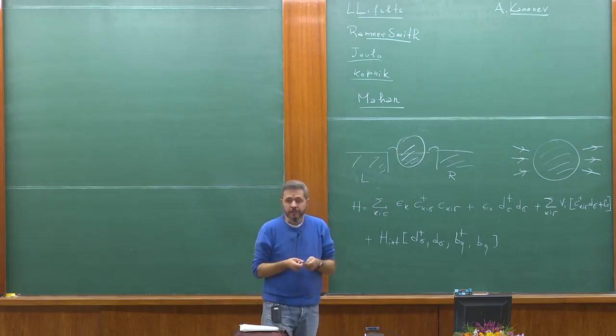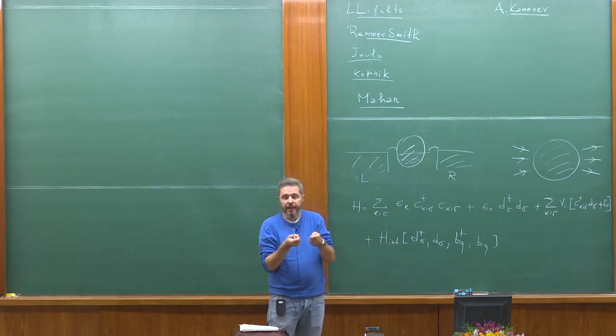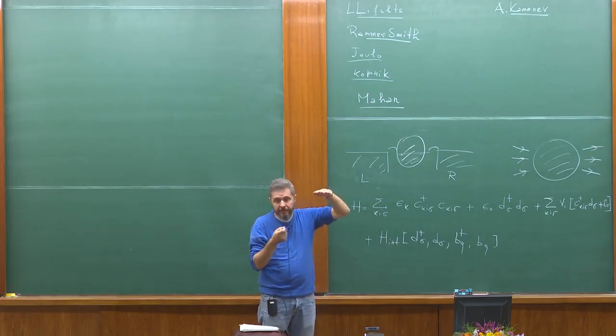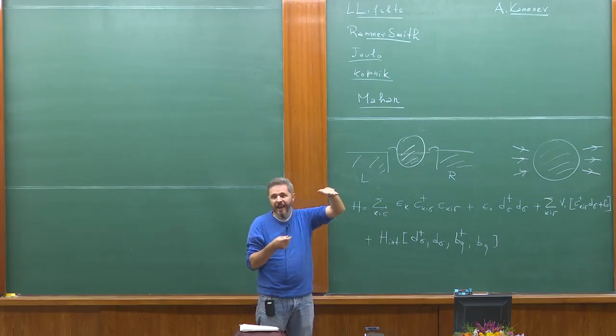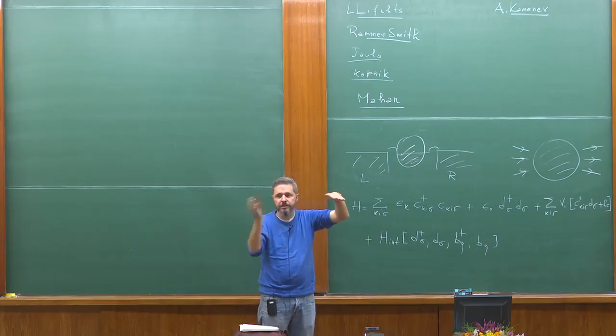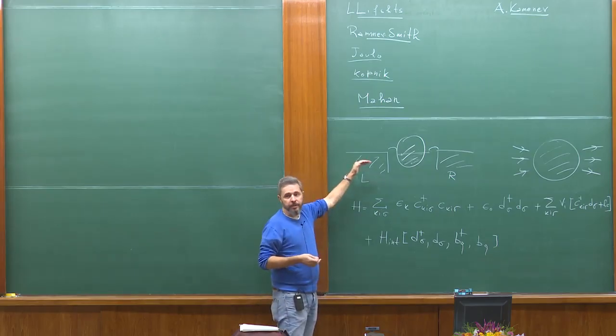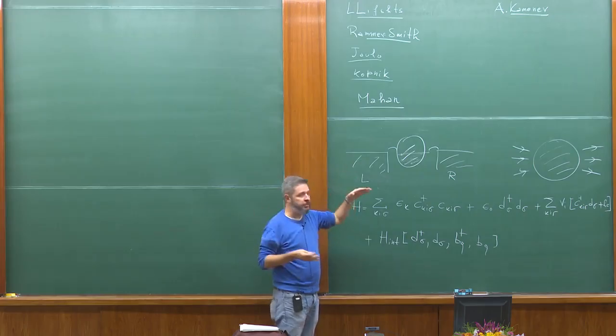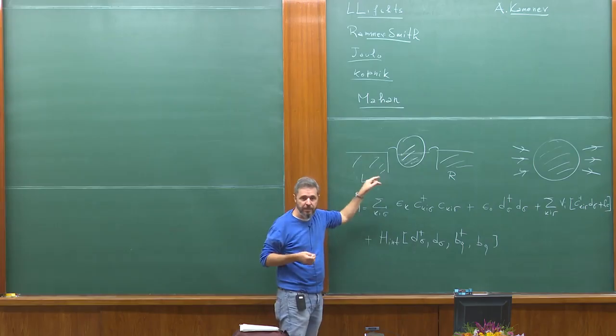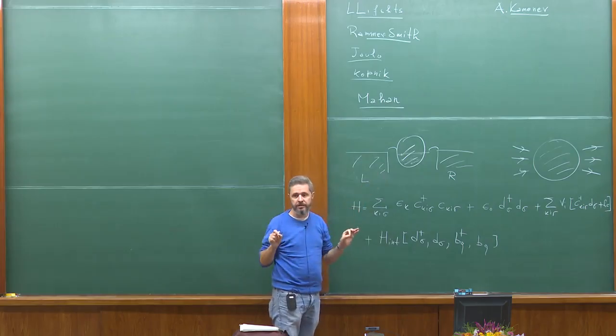Well, it turns out that if you put interactions, Landau taught us that electrons close to the Fermi energy are essentially free particles with some renormalized velocity and something else. So to lowest order in the level of difficulty, therefore, I can describe this transport problem thinking about the two leads as free electron leads, okay?